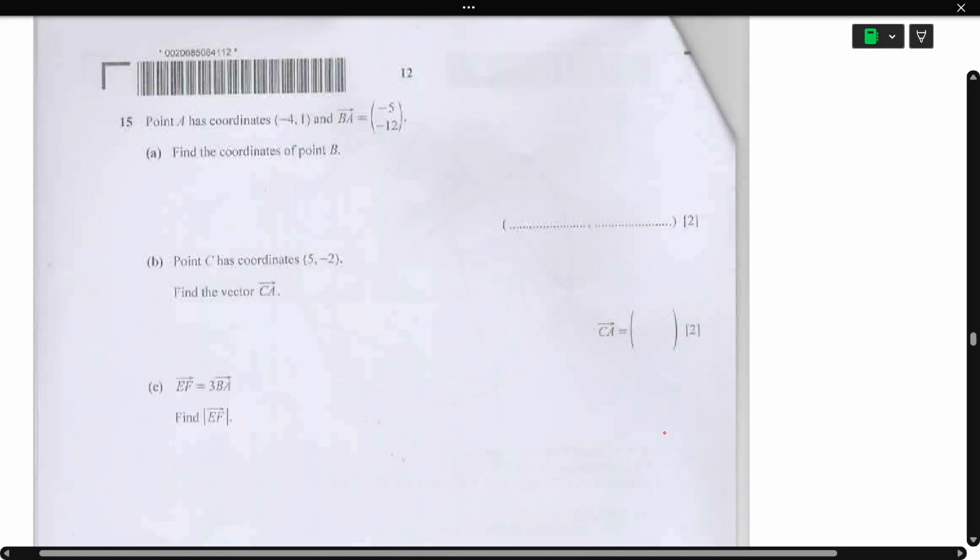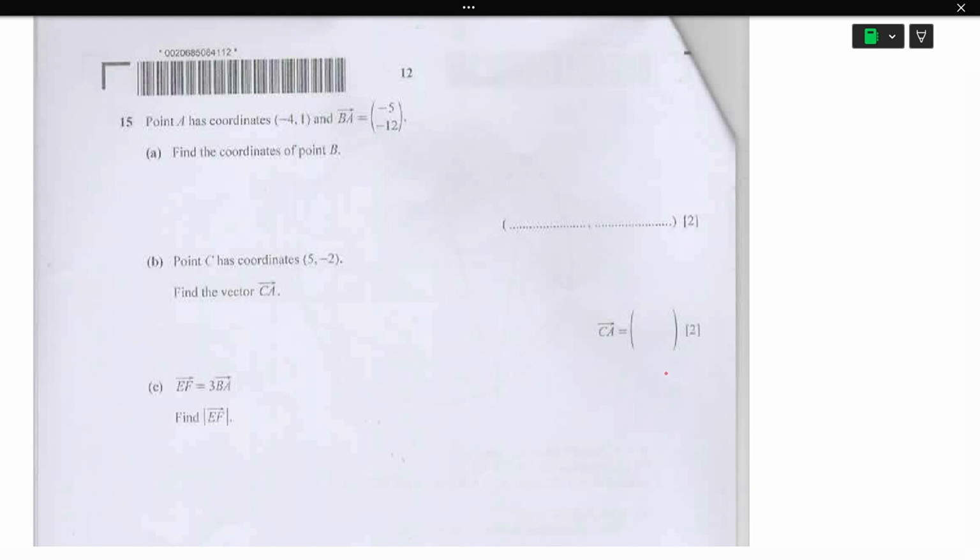Next question 15. Point A has coordinates -4, 1 and BA is given. Find the coordinates of B. So A coordinate is going to be -4, 1. So this is A and B. Here they didn't give AB, they gave BA.